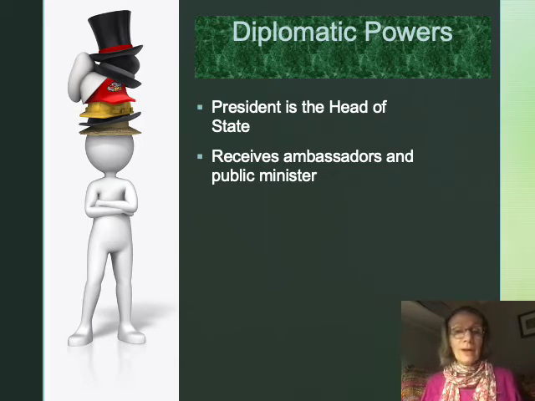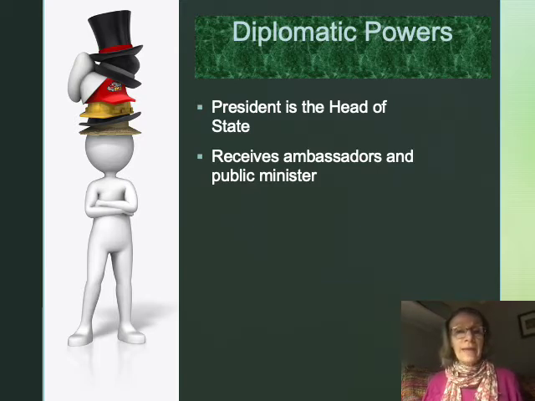Well, for one thing, the President of the United States is the one who receives ambassadors and public ministers from other countries. And so when another country comes to us and says that we would like to have our ambassador visit, the president acknowledges that that ambassador is actually the ambassador from the other country, and then welcomes them in order to begin any sort of diplomatic endeavors between the United States and that other country.